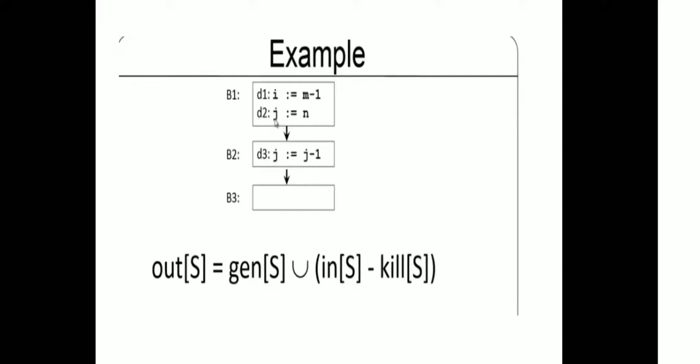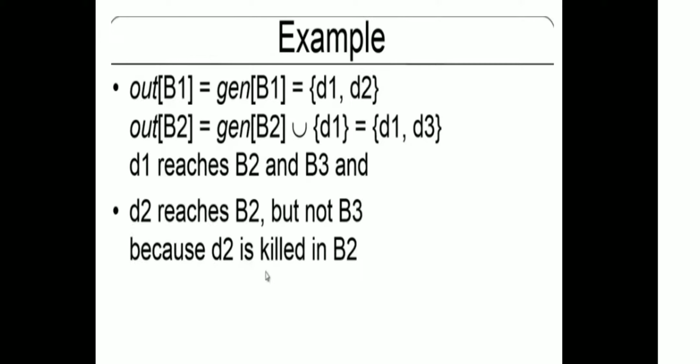In of B1: is there any input to this basic block? No. Is there any kill? No. So out of B1 equals gen of B1, which is D1 and D2. These definitions are available.